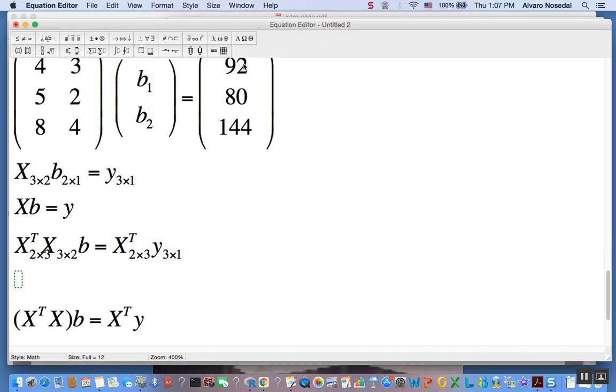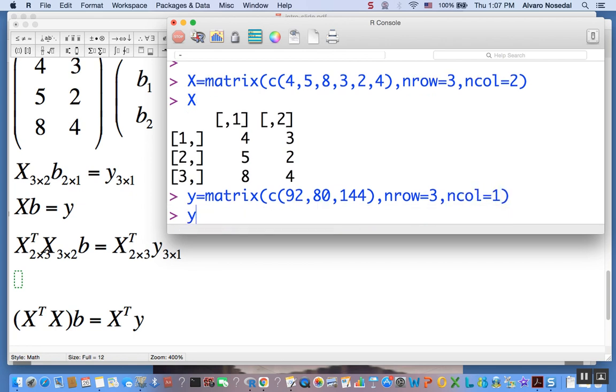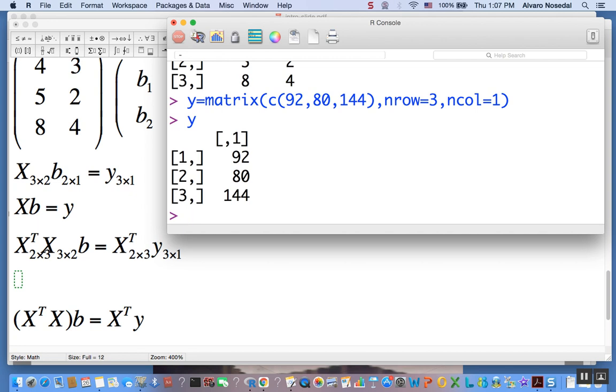The vector y is 92, 80, 144. Number of rows 3, number of columns 1. Let's make sure it is the one we want.